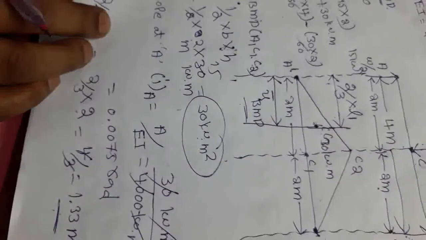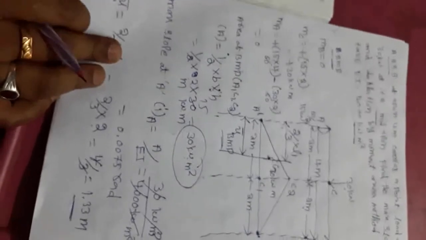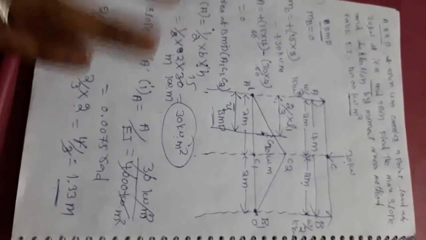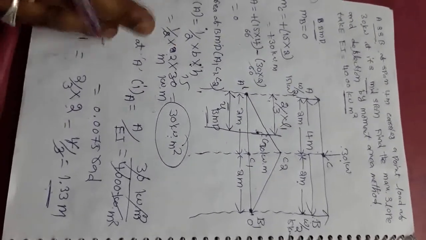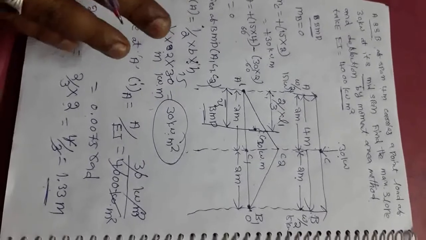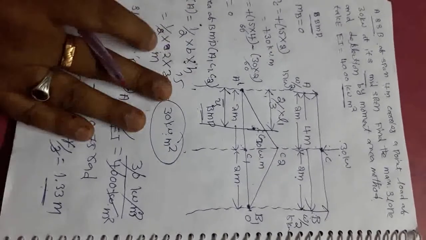Okay, and this is the solution. It is a very, very important solution for your upcoming exams. This is the basic problem, but the next problems are with multiple point loads, such as 2 point loads or 3 point loads. If you get a 3 point load problem in exams, the solution is like this.